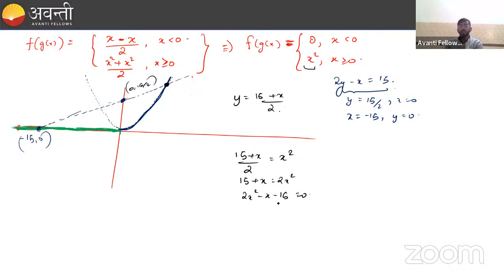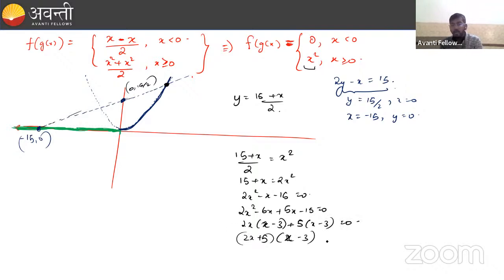So we know here that 6 times 5 is 30. So I will write 2x square minus 6x plus 5x minus 15 equals to 0. I'll take 2x common, it will be x minus 3, and here we will take 5 common, it will be x minus 3 equals to 0. So we will get two values: first x equals to minus 5 by 2 and the other x equals to 3.